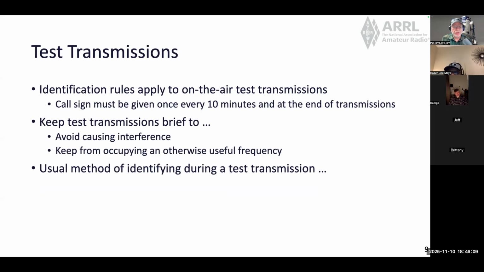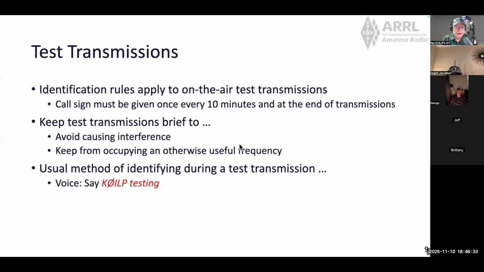The usual method of identifying during a test transmission, if you're on voice, you can say K0ILP or Kilo Zero, India, Lima, Papa, testing. I've actually heard people say Kilo Zero, India, Lima, Papa, radio test.